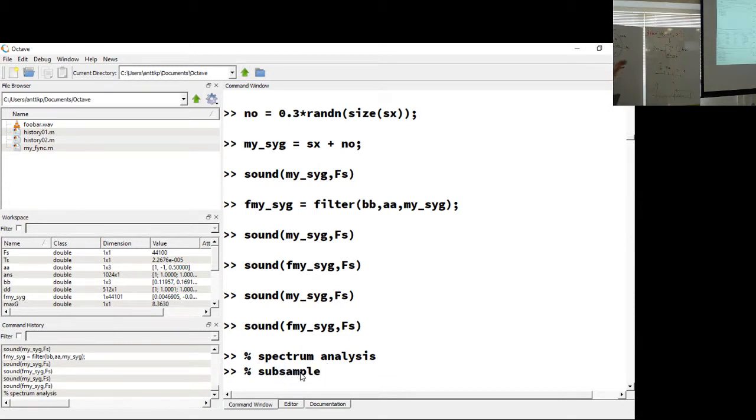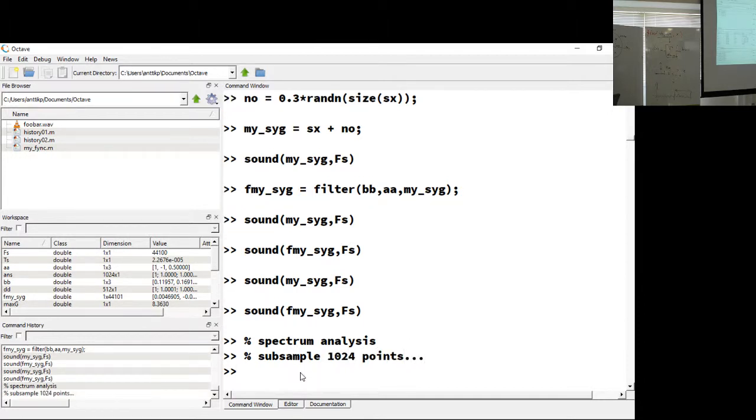Since we have 44,000 samples in my full signal, it's 1 second long. It's quite long. So I want just a subsample of 1024 points, which should give me a spectral resolution of Fs divided by 1024.